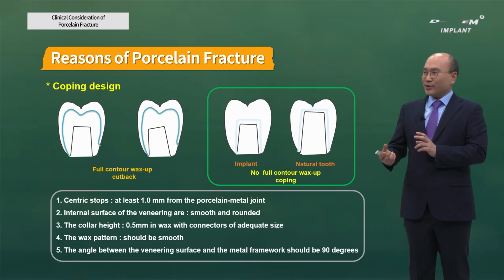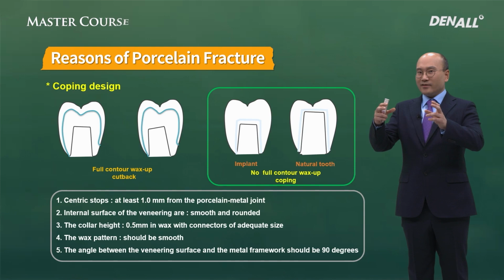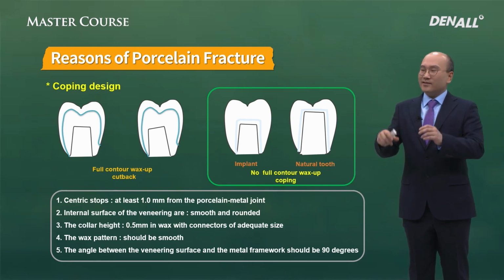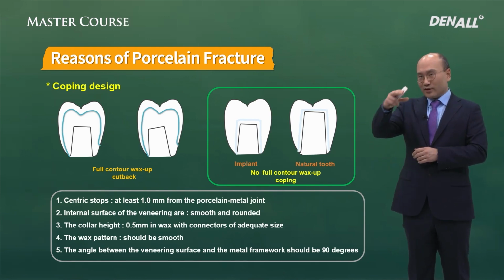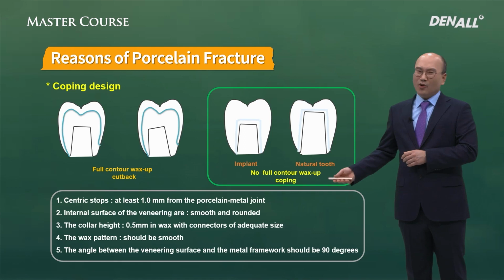Actually, as we called a cap in the past, too small a coping with porcelain put on top of it will break easily. So you make a full contour wax-up, then do a cutback and then put porcelain on.